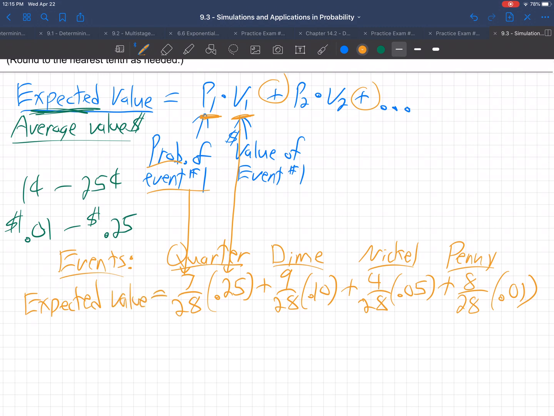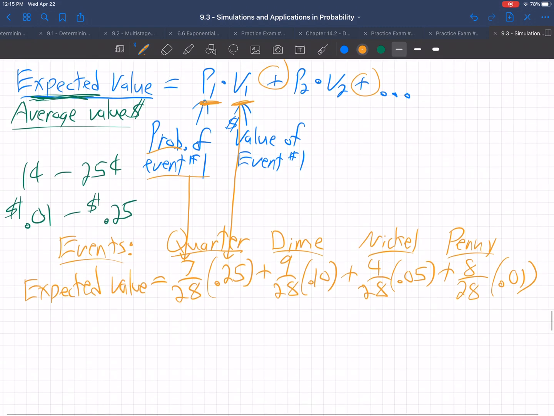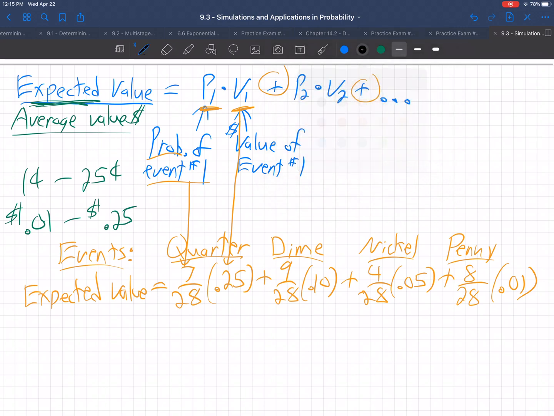Let's use our calculator now to come up with that. So this is the expected or average. It's what you expect to happen on average over time.